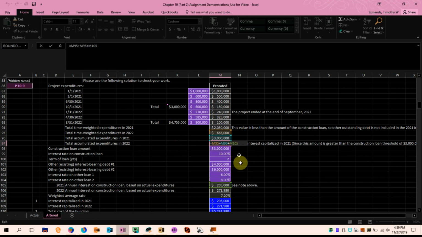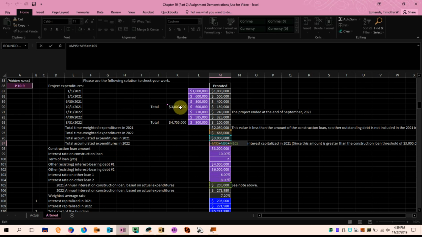And then finally, I'm going to bring in the capitalized interest from last year of $205,000. That $205,000 is capitalized as of the end of 2021 and needs to be added in. So this is how I arrived at the accumulated expenditures for 2022.